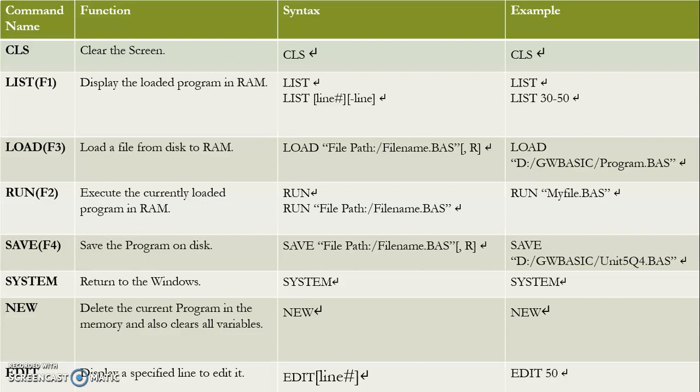Then comes your save command. For this we will type the save command, and we will give the file name and path. With this command we can save the program which we have just typed.